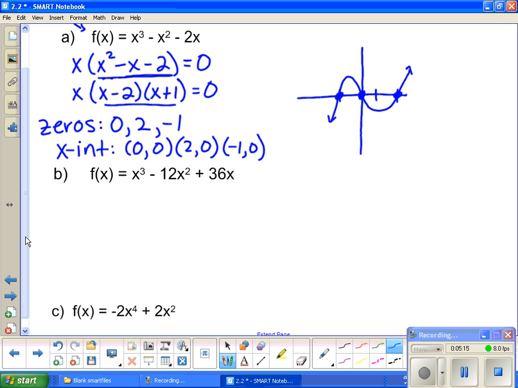Again, let's factor. Factor out an x. X squared minus 12x plus 36. And since I'm finding the zeros, I said it's equal to 0. Factor the trinomial.